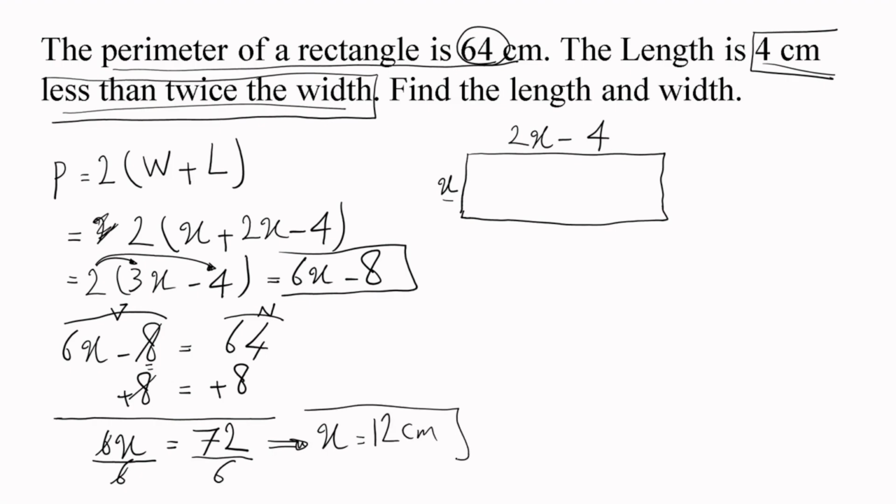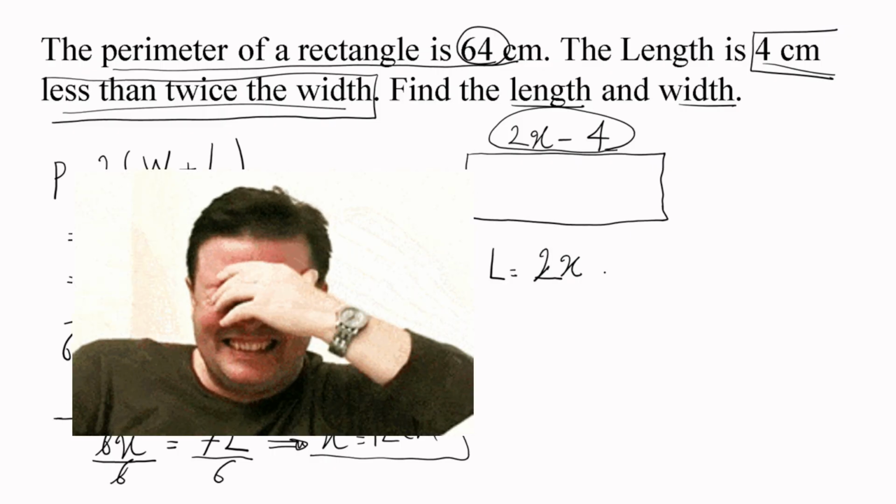Are we done? No, we calculated the value of x, but the question is asking about the length and width. x is the width, so I calculated the width, which is equal to 12 centimeters. What about the length? For the length, I have 2x minus 4. So I'm going to replace: length is equal to 2x minus 4.